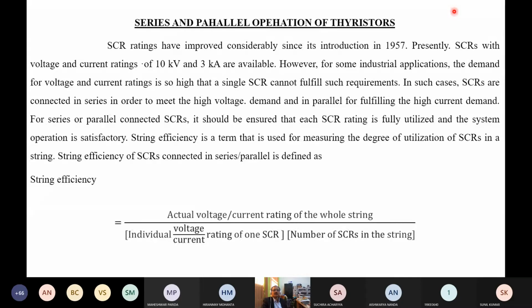Therefore, in such cases, they have to be connected in series to meet the high voltage demand, and in parallel to meet the current demand, right? So today we'll discuss the series and parallel operation of thyristors.